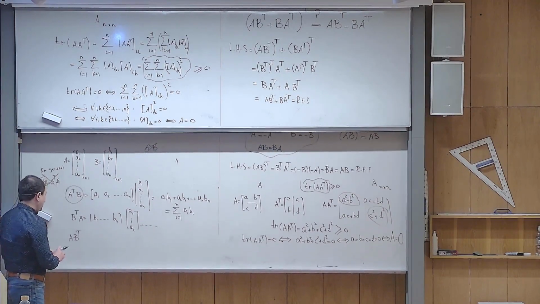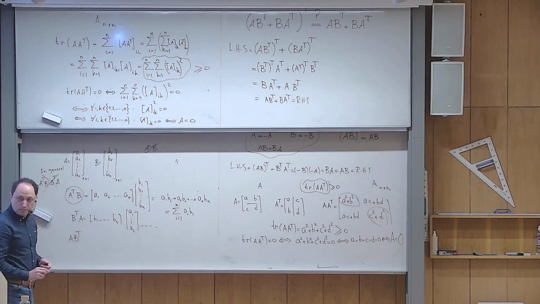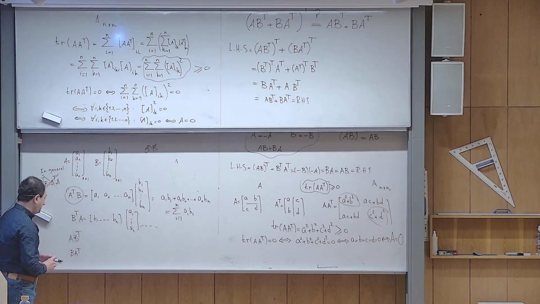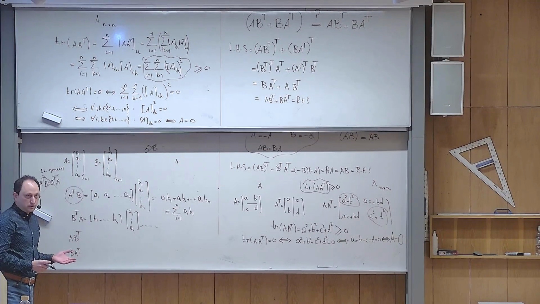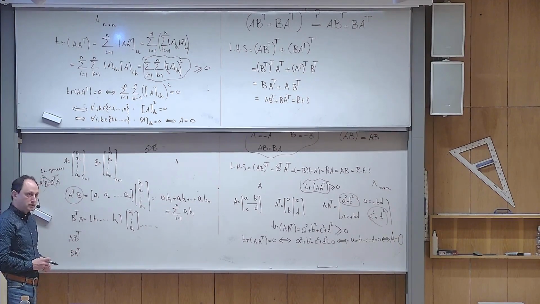And then the same thing, if I have the other one, BA transpose, that is also an N by N matrix again. But then there is no guarantee that these two matrices are the same. But it is guaranteed that the trace of this is equal to the trace of that.